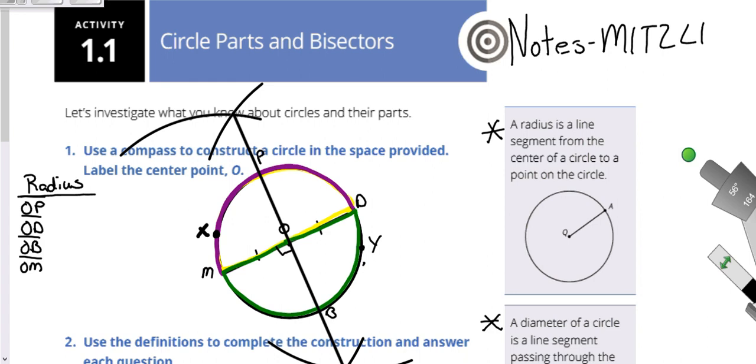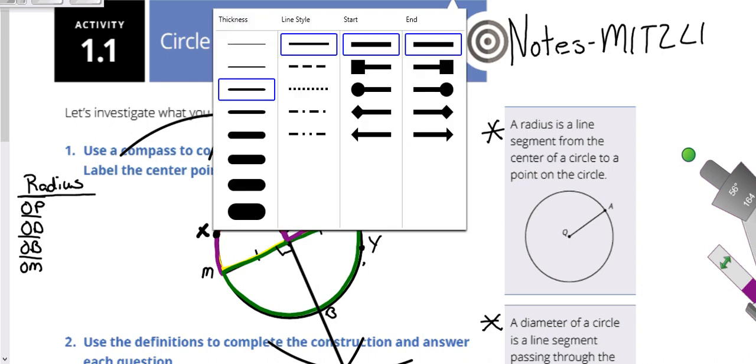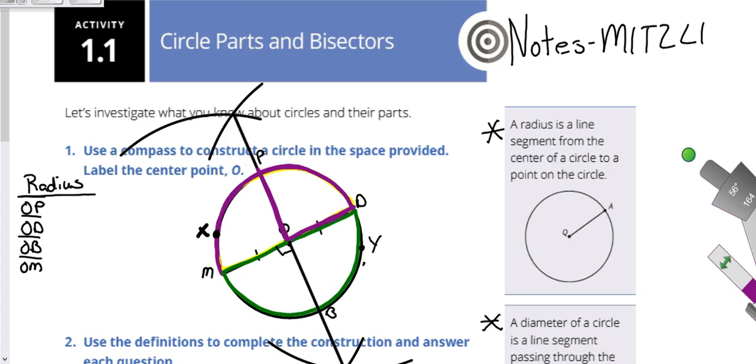I'm just going to look at this radius here, OP, which has a central angle here. So radius OP has an angle of POD, which is equal to 90 degrees because it was a perpendicular bisector, and it has a corresponding arc that is the measure of that arc of PD.